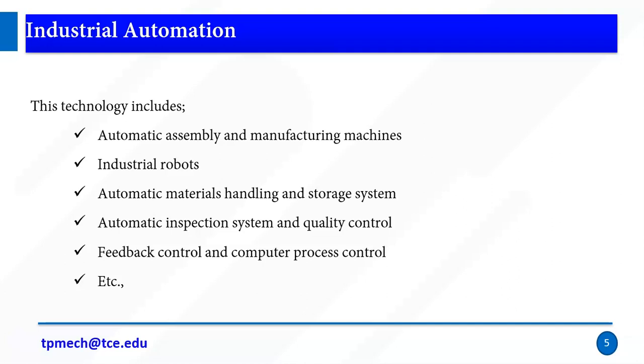Automatic material handling and storage systems: we already studied ASRS, automatic storage and retrieval system, and the carousel system. Automatic inspection systems and quality control, feedback control and computer process control are also some of the technologies included in industrial automation.